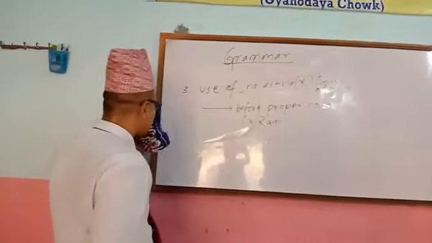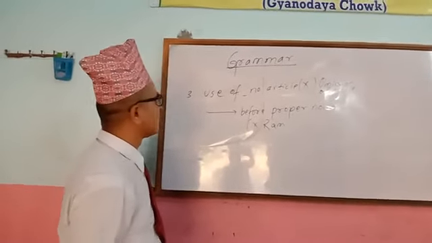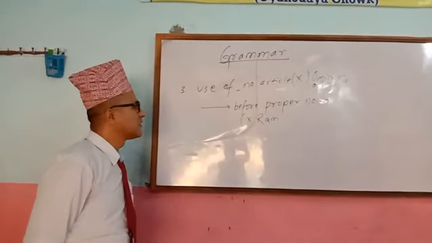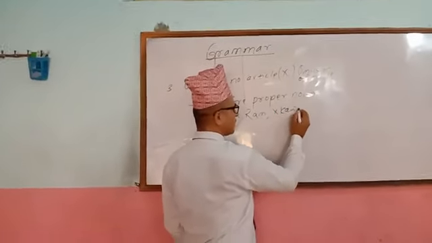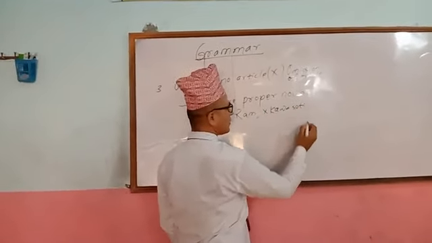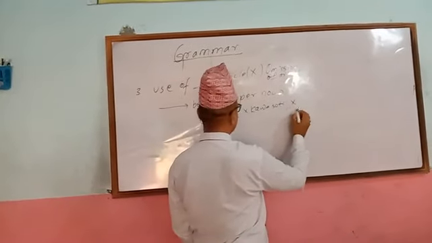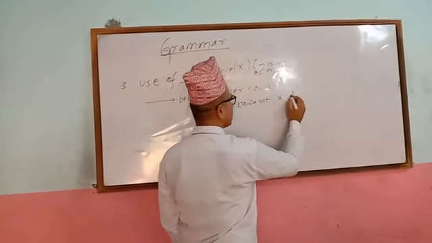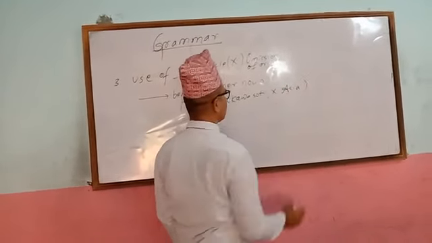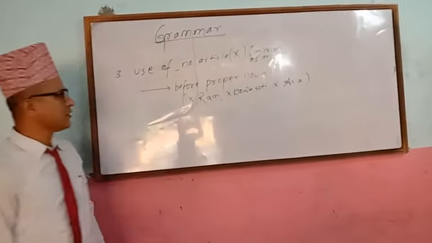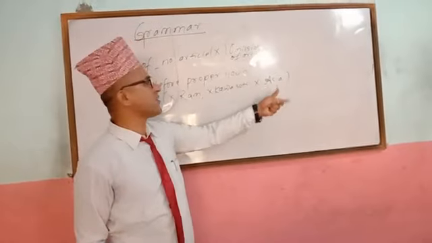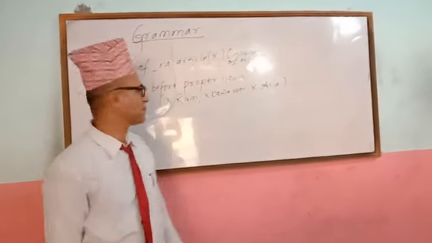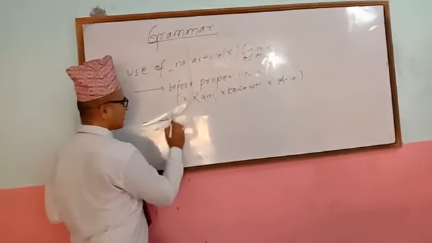Before Kawasoti, we cannot use any article. Before Asia, we cannot use any article. Right? Proper noun, even the name of a mountain, before Mount Everest, we cannot use any article. Right?